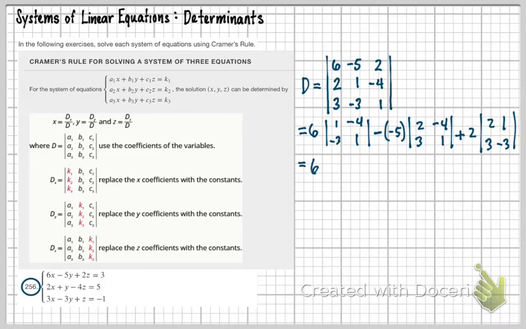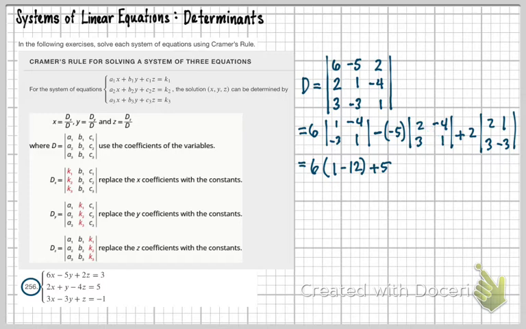6 times 1 times 1 is 1, minus -4 times -3 is +12. So that's going to be 1 minus 12. And the next one's going to actually be a +5 because of the negated negative.